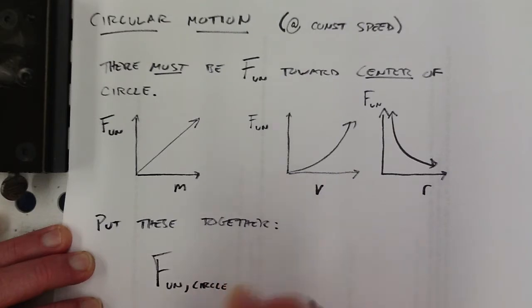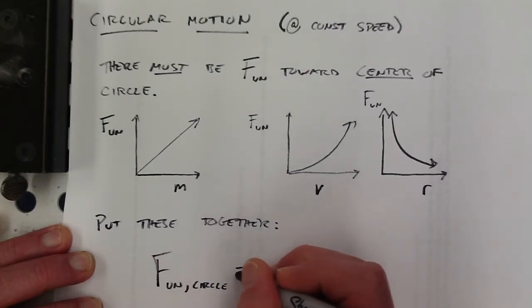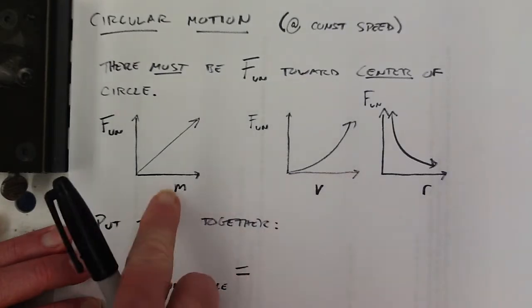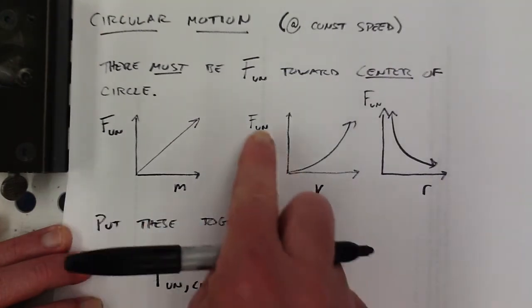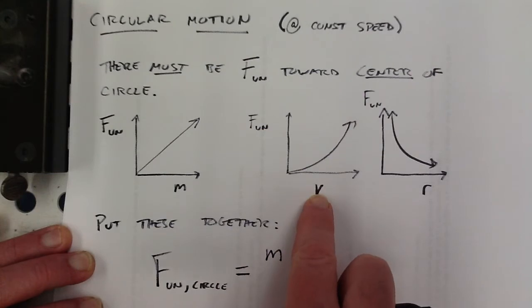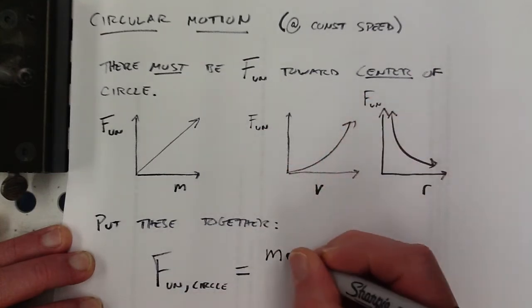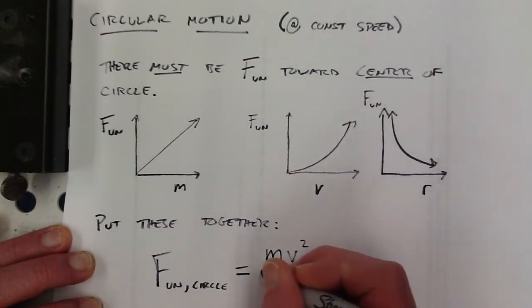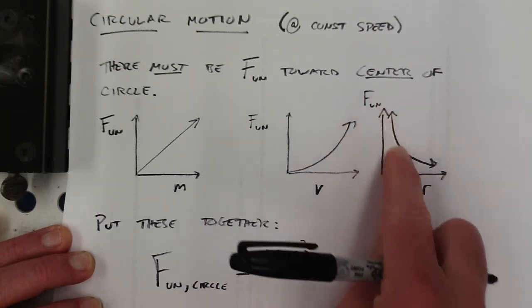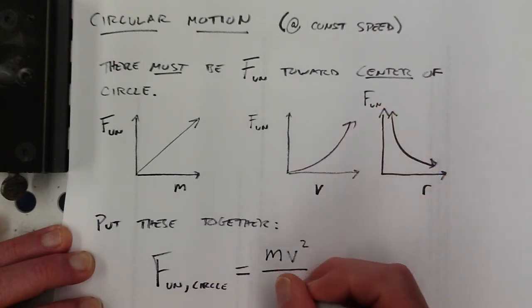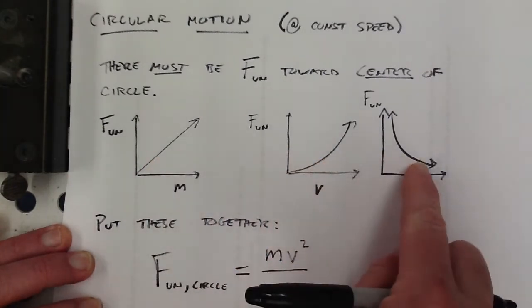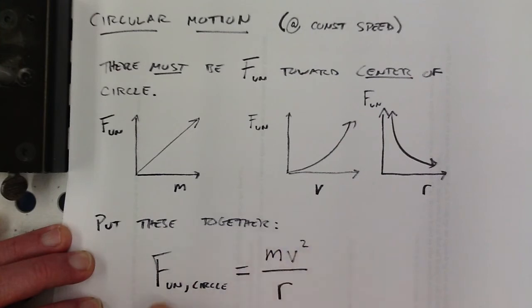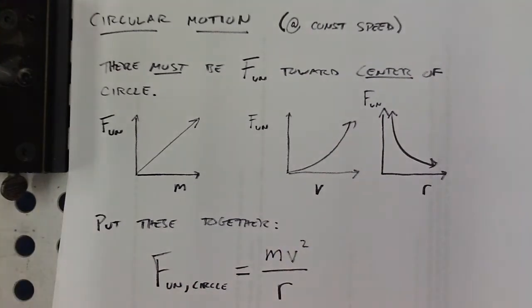So I'm going to say unbalanced force for circular motion is directly proportional to m, directly proportional to v squared, and inversely proportional to r. The data that you collected in your lab exercise should have pointed you to these three relationships, and when we put those together, this is what we get.